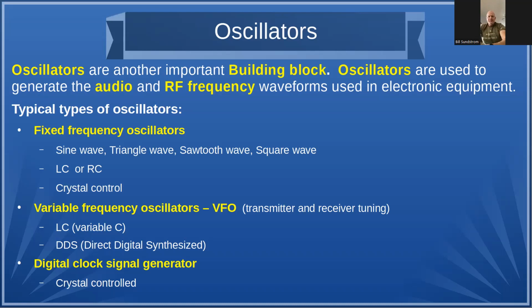So it would allow you to control the amount of overlap of those plates, which varied the capacitance. You don't see that much anymore, unless you buy an old antenna tuner or something like that. It might still have variable capacitors in it.